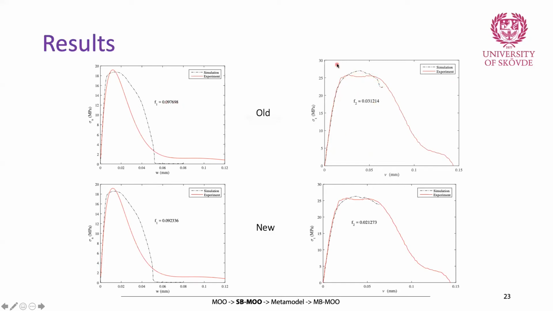F1 and F2 show the error between these two lines. And this is our new study. You can see that in mode 2, it's much more similar than the previous study, and the objectives also show better results. However, for mode 1, the difference was not that significant.